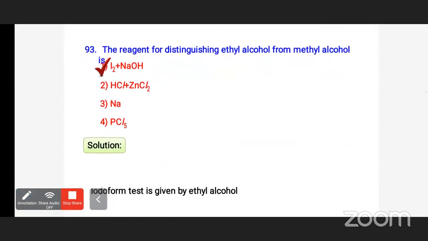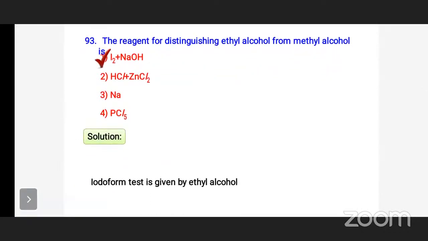The reagent distinguishing ethyl alcohol from methyl alcohol is: number one, I2 plus NaOH; number two, HCl plus ZnCl2; number three, sodium metal; number four, phosphorus pentachloride.